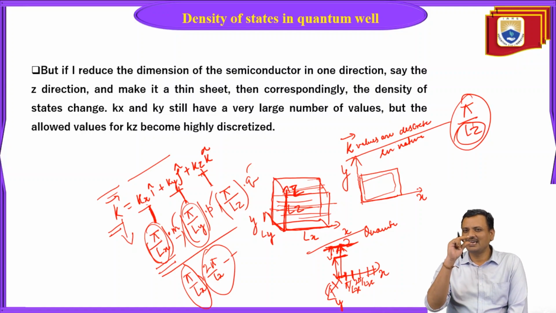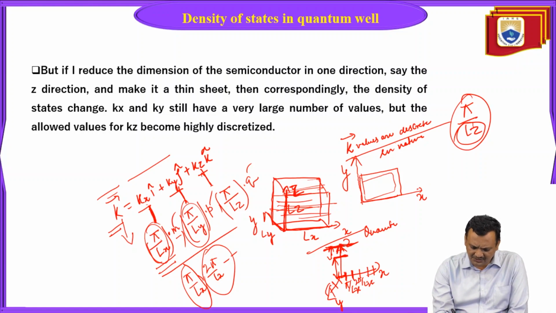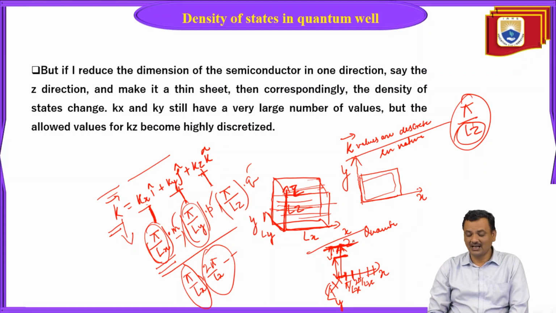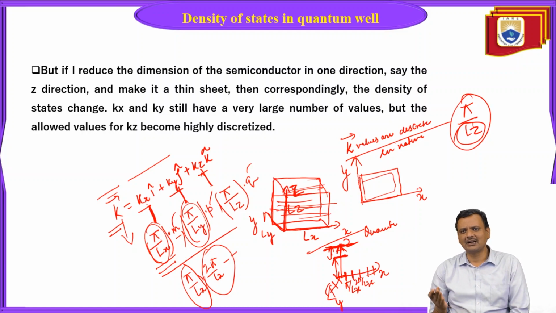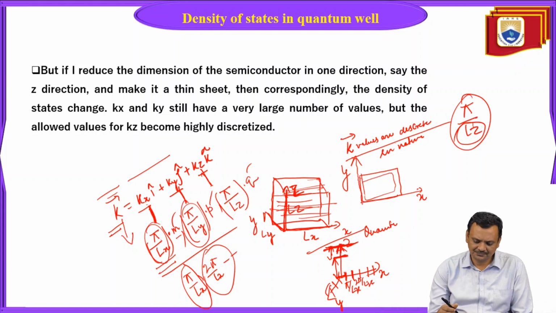You can say exactly 1 or 2 or 3, very, very few states will be available in the z direction range. It will be highly discretized in nature in z compared to the x and y directions.